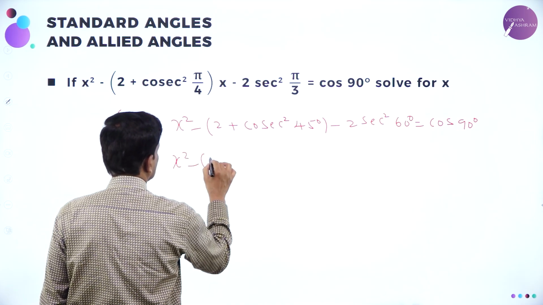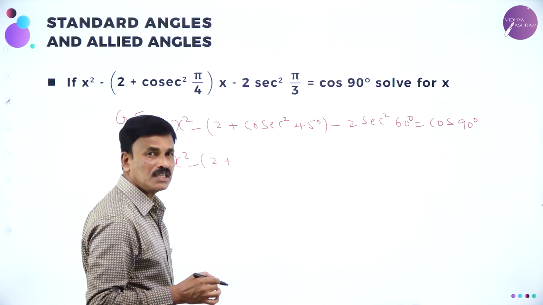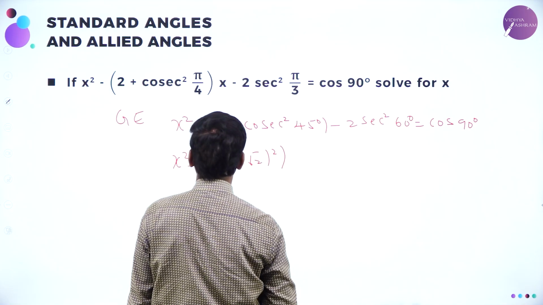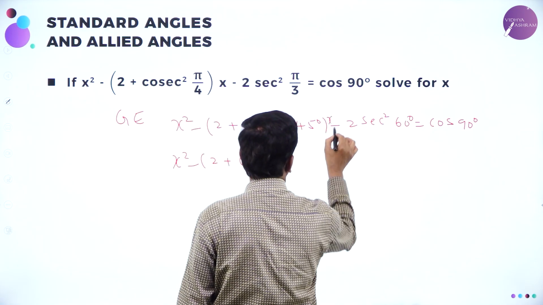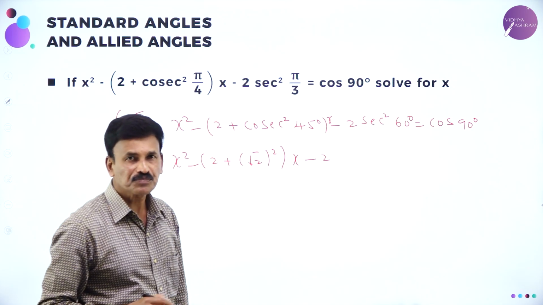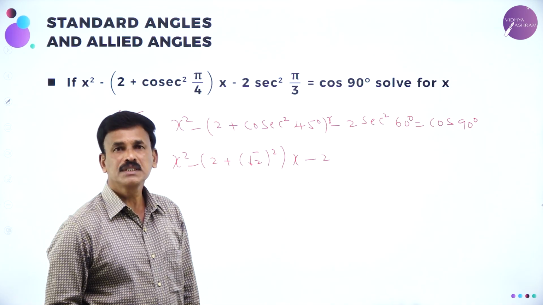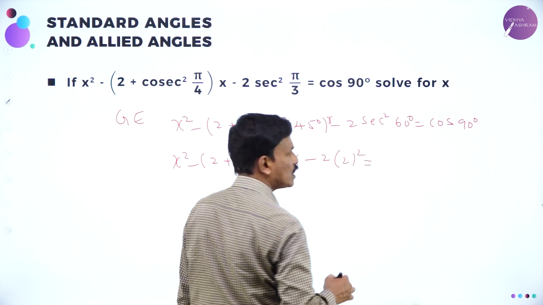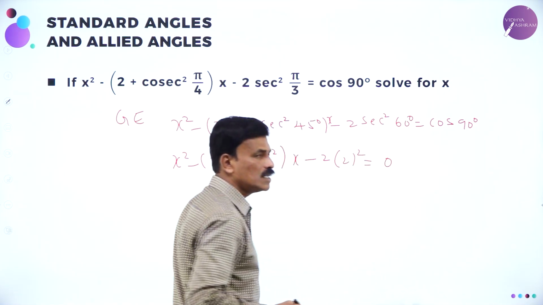X square minus 2 plus, what is cosecant 45? Cosecant 45 is root 2 whole square into x, here it is x minus 2 times secant 60. What is secant 60? Secant 60 is nothing but 2. This is 2 square is equal to cos 90. Cos 90 is nothing but 0.